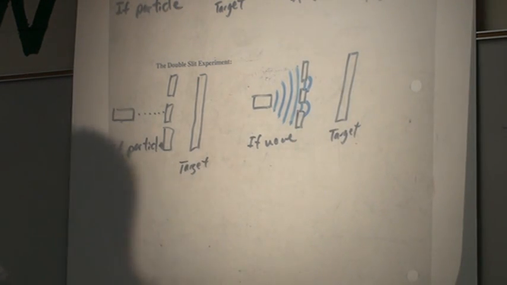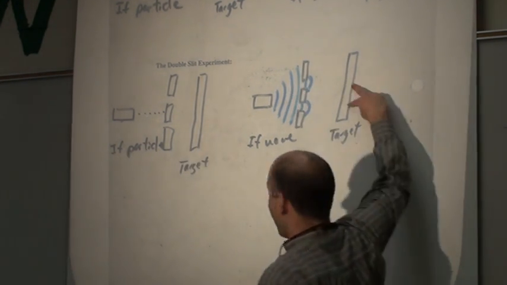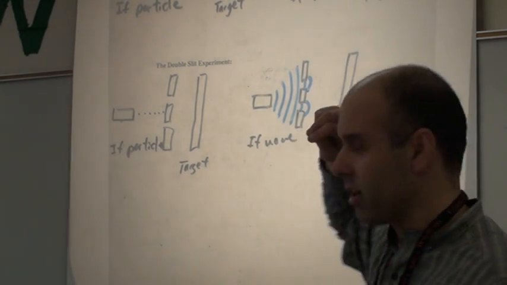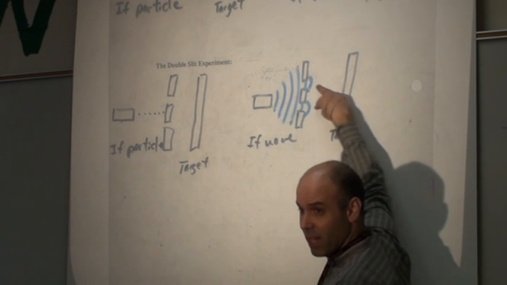The mass of the electron is measurable. The mass is 9.1 times 10 to the negative 28 grams. How can something with mass go through two openings at the same time? The physical interpretation of that, Haley, would be that the electron is in two places at the same time.